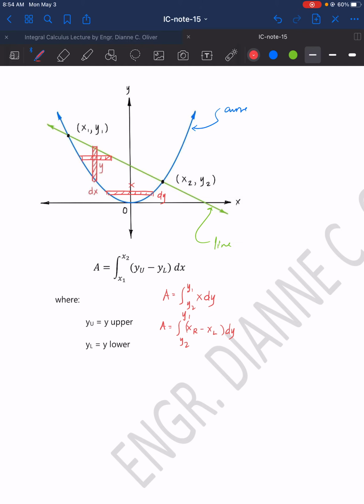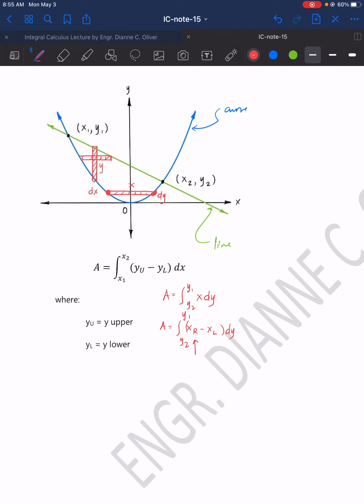Now this area strip is touching the boundary curve at 2 points, and it means it will become 0. Why? Because if you remember, x right minus x left, and you're touching the same boundary, which is the curve.